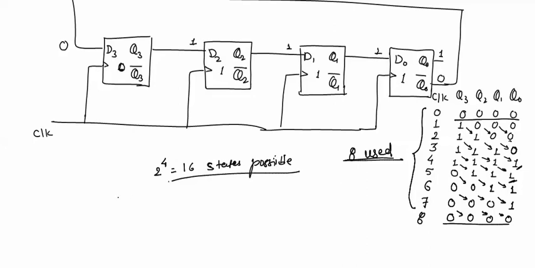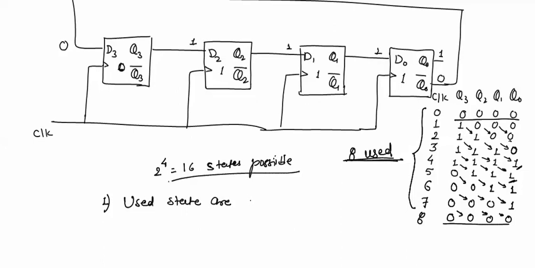So we can now conclude that in Johnson's counter, here we have 4 flip-flops and we have used states equal to 8, which means with 4 flip-flops the used states are 8.